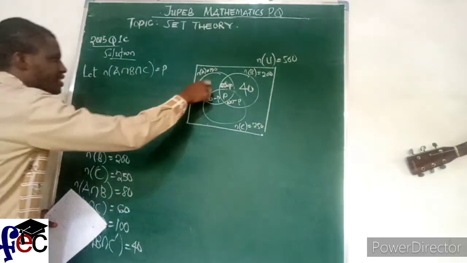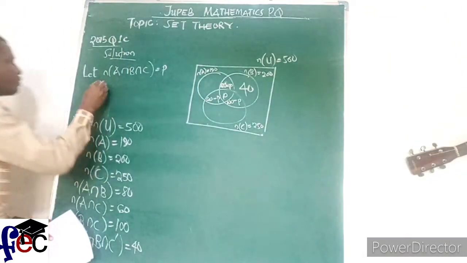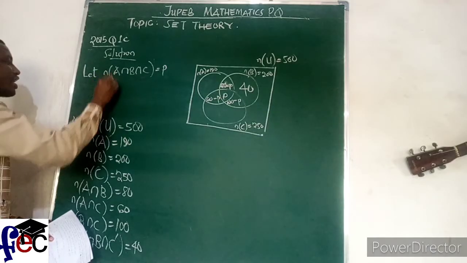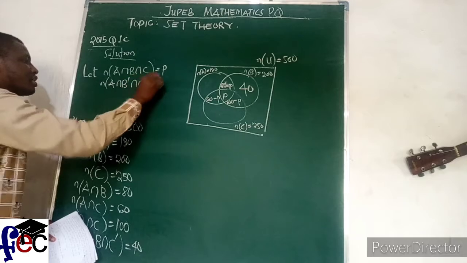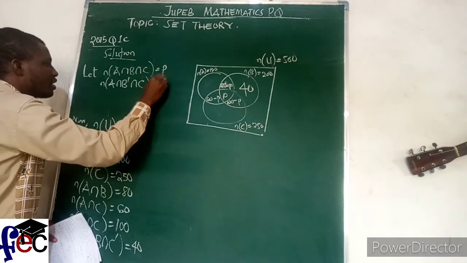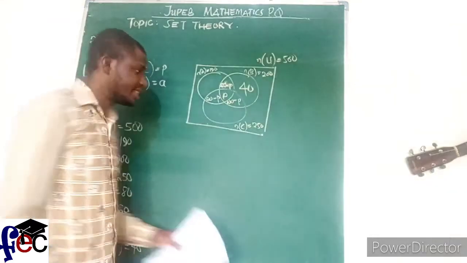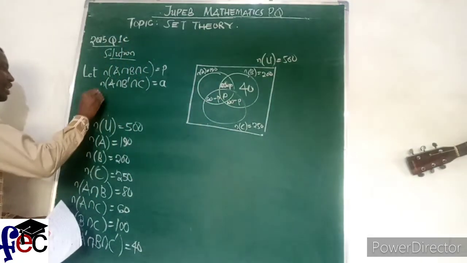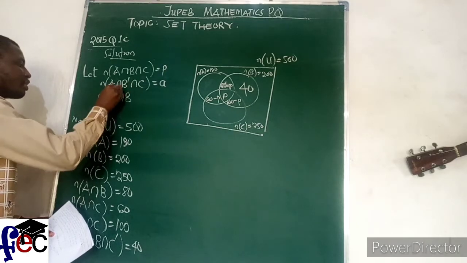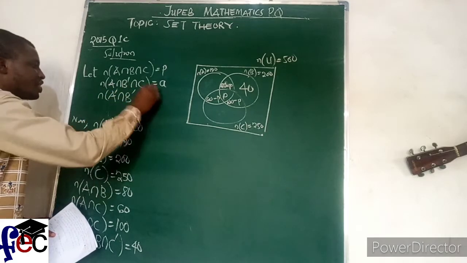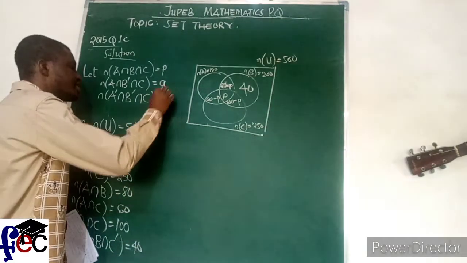So now, this part is going to be A only, and A only is going to be the cardinality of A intersection B complement intersection C complement. Let that one be small letter a. Are you getting it? And this part, the cardinality of A complement intersection B complement intersection C, let that part be small letter c.